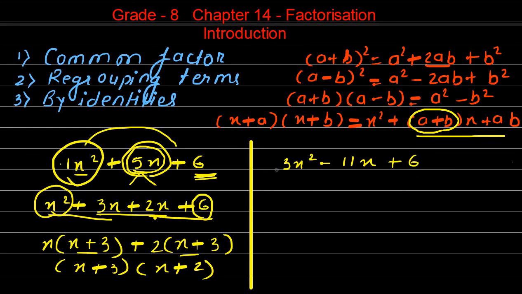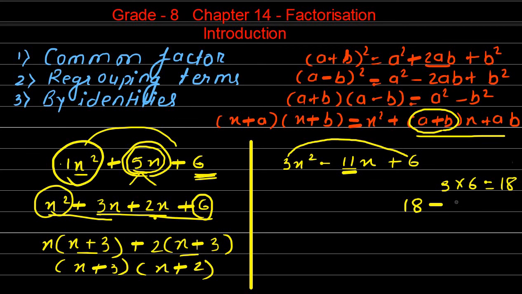Right? So as I was telling you, we should multiply the coefficient of the first term and the last constant. So if we multiply 3 times 6, we get 18, right? You need to choose factors of 18 in such a manner that by adding them you should get 11x.